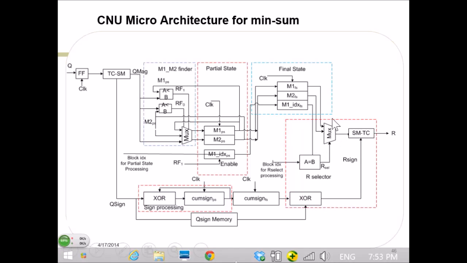Then you compute based on the output from that min one and min two. Previously, you looked at the 36 inputs and formed different combinations, finding the minimum among 35 values and repeating it 36 times. It's more complex.